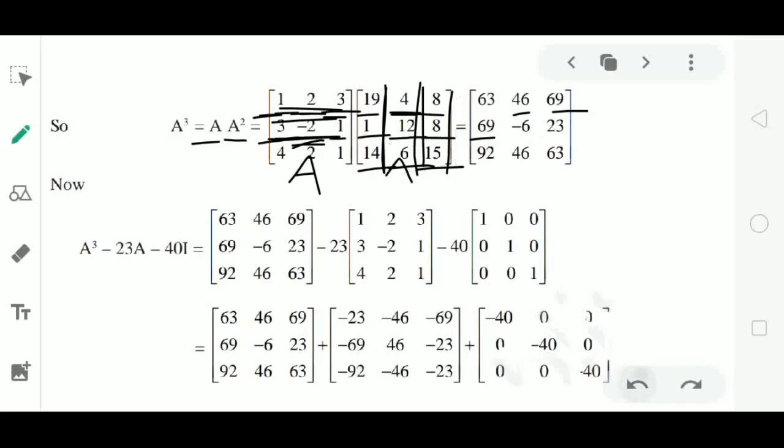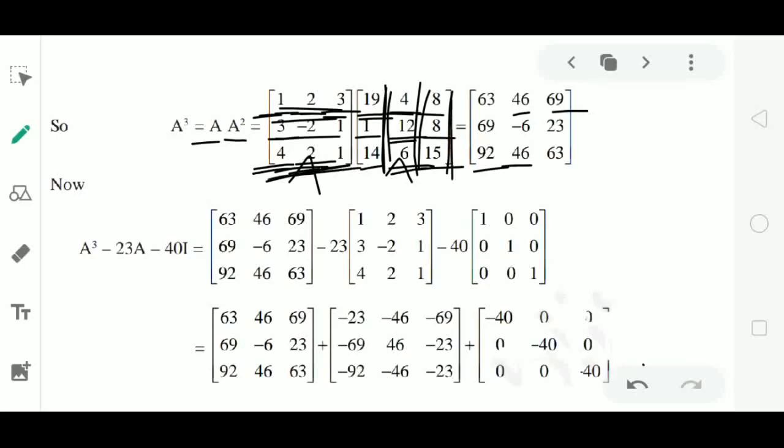Next, third row, first column, 4 into 19 plus 2 into 1 plus 1 into 14, which is 92. Third row, second column, 4 into 4 plus 2 into 12 plus 1 into 6 is 46.